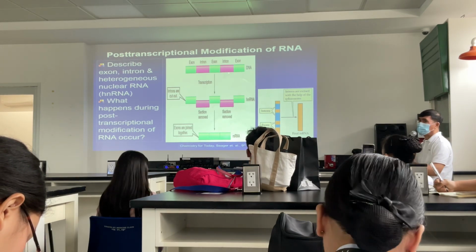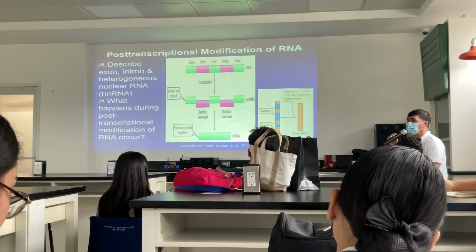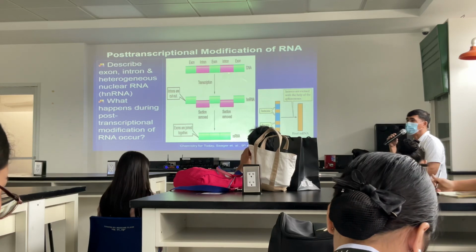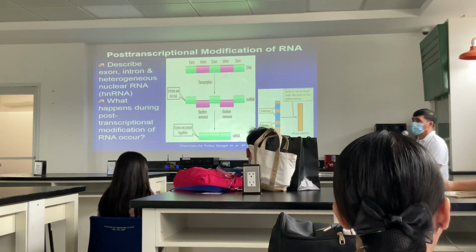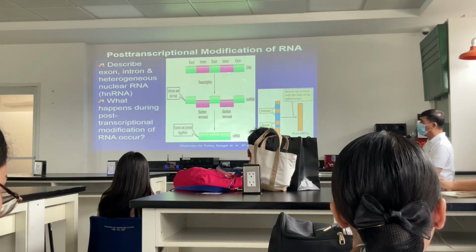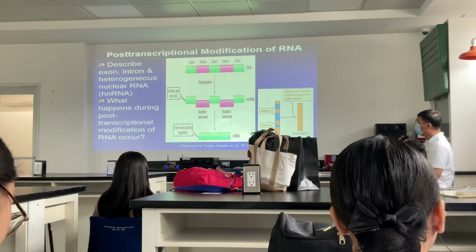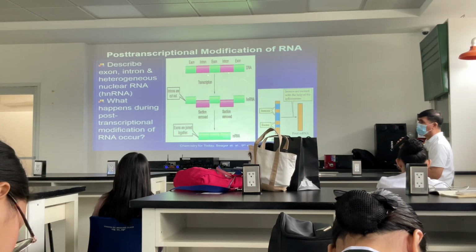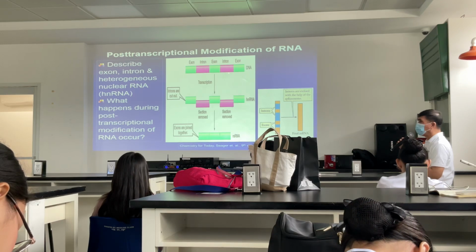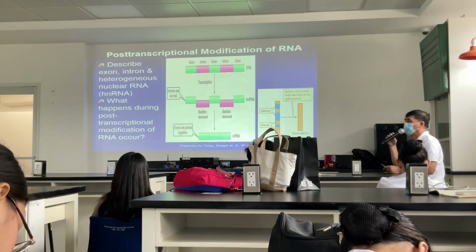So the importance of synthesizing mRNA is that it will dictate the synthesis of the protein molecule in the ribosome. During synthesis of mRNA, both the coding and the non-coding segments of the DNA are being copied during transcription.